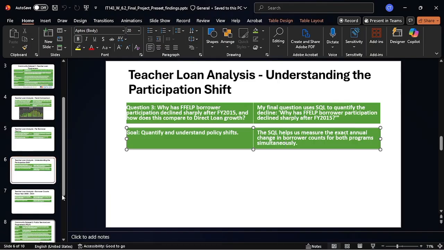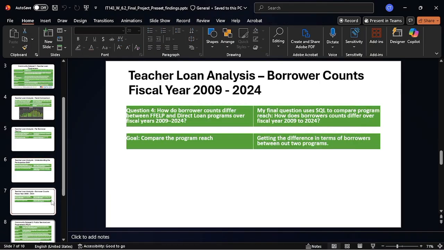Okay, next, to finish, my fourth question is for borrower counts for the fiscal years 2009 to 2024. How does borrower count differ between FFELP and direct loan programs over this range of fiscal years?